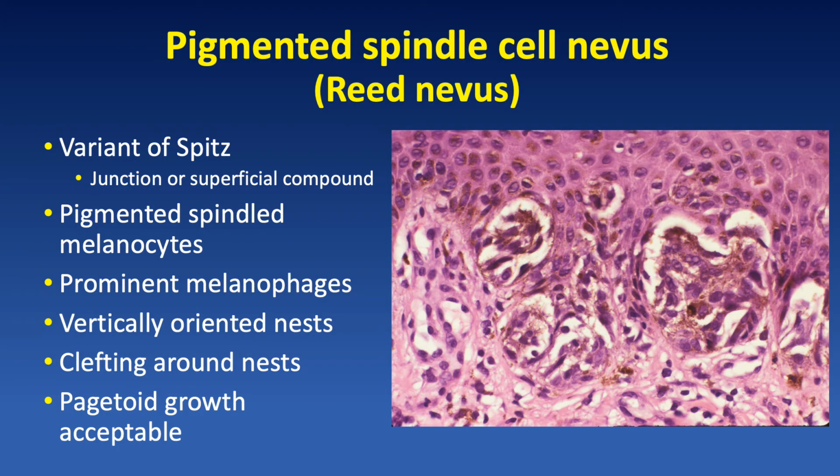The melanocytes in pigmented spindle cell nevus are relatively limited in their histologic spectrum, so rather than being epithelioid or amelanotic, they're fairly uniformly pigmented and spindled. Melanophages are invariably prominent in the papillary dermis, and we have the typical junctional Spitz features with vertically oriented nests and clefting around the nests.